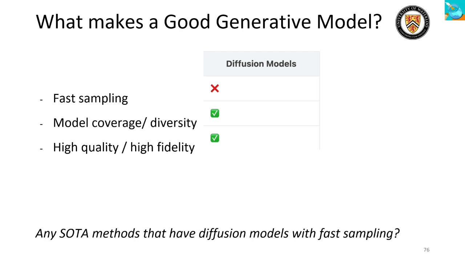So as we see here, the diffusion models cannot do fast sampling, although it provides a good model coverage and diversity and produce high quality and high fidelity on the image. We wonder, are there any state-of-the-art methods that have diffusion models with fast sampling?